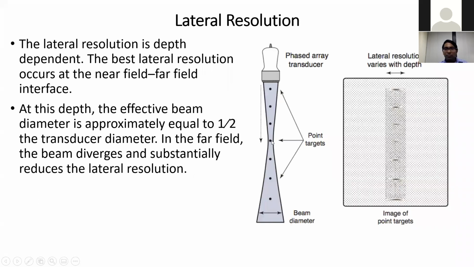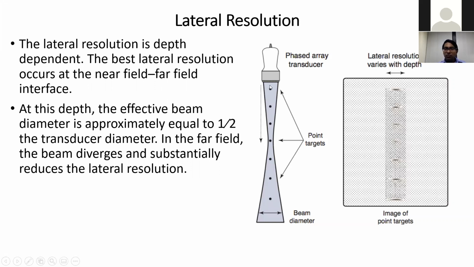So here's an example. There are 1, 2, 3, 4, 5, 6, 7 points that are being visualized in this image. The center point where the ultrasound beam is being focused is 4, and this should be the point where the beam profile is the narrowest, which should give us the best lateral resolution.